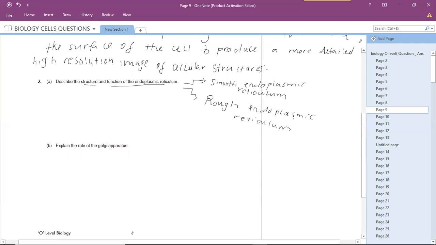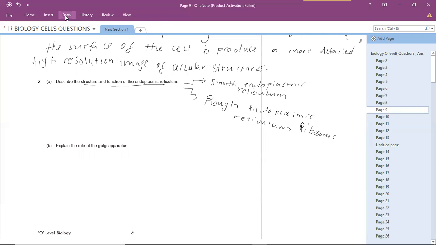Smooth endoplasmic reticulum and rough endoplasmic reticulum. So remember, the rough endoplasmic reticulum contains ribosomes, and the smooth endoplasmic reticulum does not contain ribosomes. So no ribosomes.